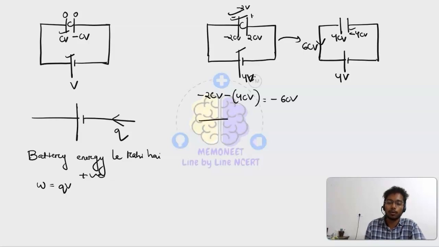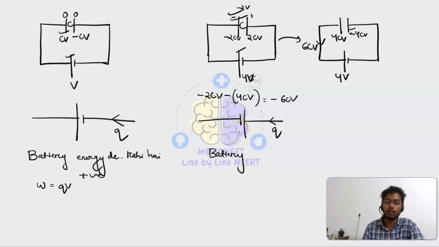So if, let's say, we have it like this and we provide charge to the battery like this, in this condition the battery is acquiring energy, so the battery is taking energy. So the work done is equal to minus q into v, so it will be a negative quantity.